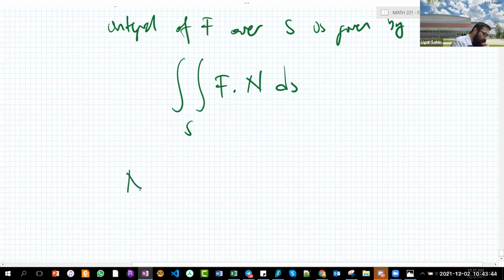Can you please tell me, if N was this, how could you make this vector a unit vector? Do you still remember that part? Instead of taking plain N, I want to make it the unit vector. How could you do that?